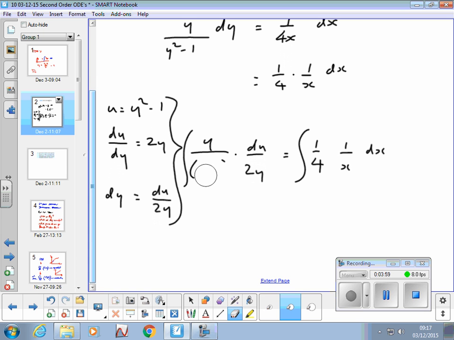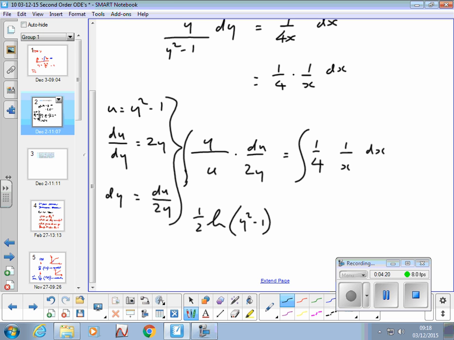Of course I'm replacing this with u, which u equals that. So I end up with a half log u, which is y squared minus 1, equals a quarter log x plus c. Just add one c right at the end, and that's my solution.